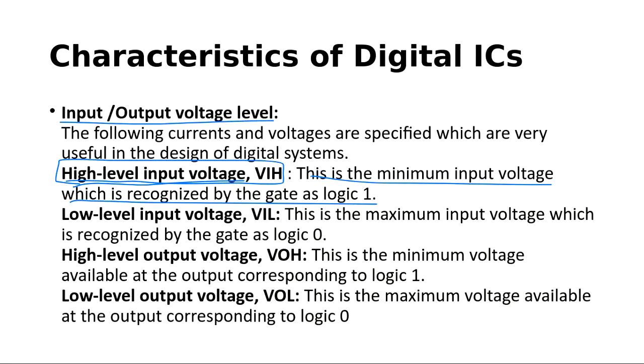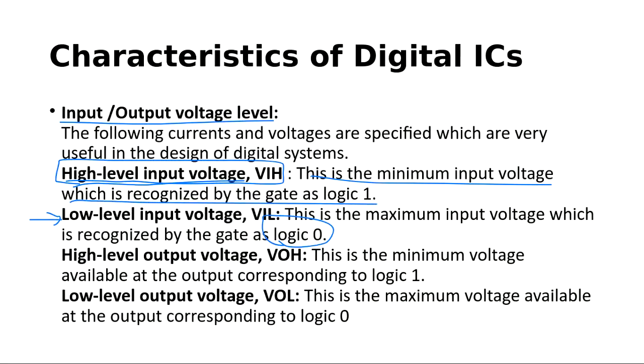Next is low input voltage level. Low input voltage means logic 0. When low voltage is coming, the gate will understand that I am receiving 0.